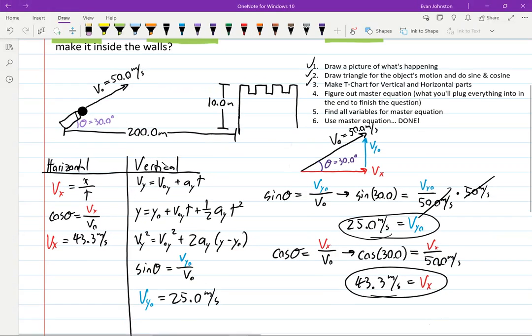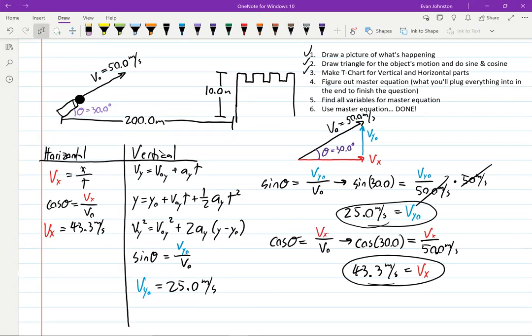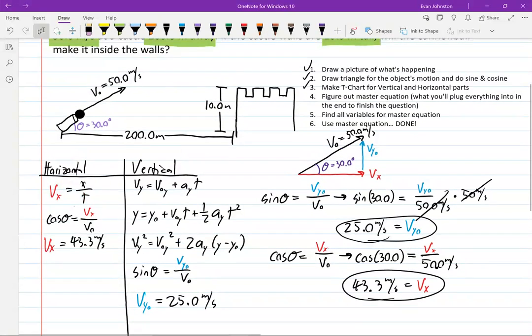And so looking at this, what is our master equation? I want to look at our verticals here, because the goal is, if we need to find out if it's going to make it over the walls, we need to find what the y value is. Where is it along here? Is it up here? Is it down here?